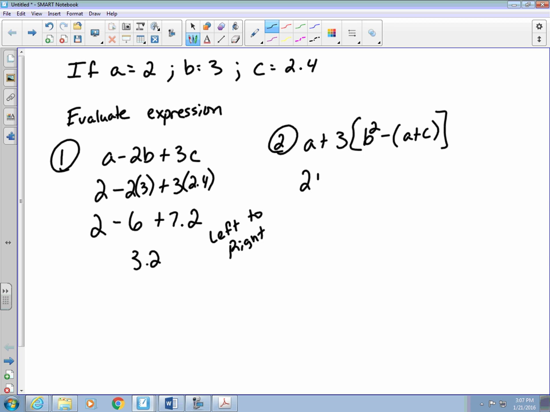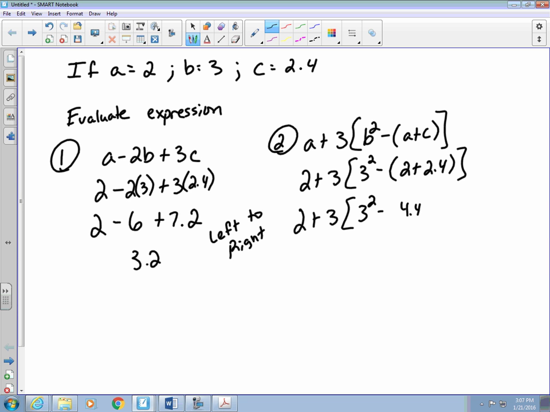So after I do my substitutions, B squared minus A plus your C, which would be 2 plus 2.4. The first step is grouping, so I'm going to focus on all the grouping. There are 2 levels of grouping that you see here: you have the brackets and then the parentheses. The parentheses is the first level, and I'm going to go ahead and do that.